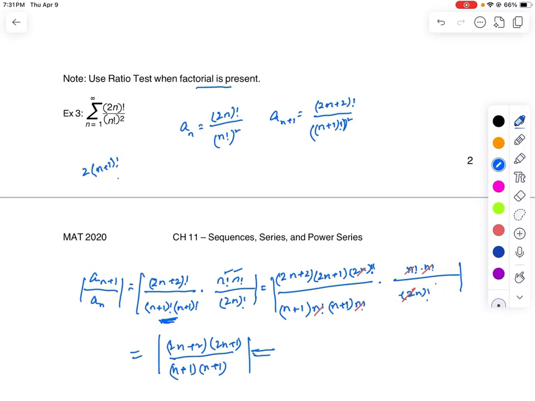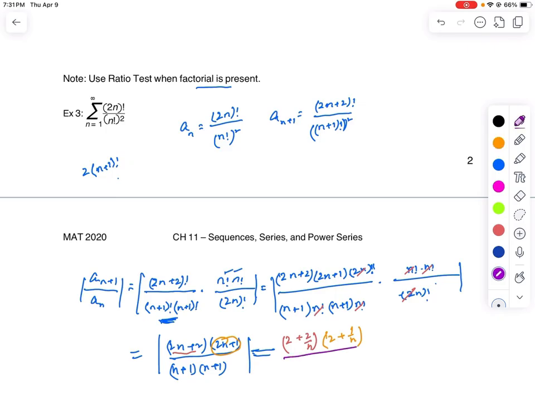Well, simplify. We can divide each term by n. When I divide this term by n, I get 2 plus 2 over n. Then I divide the next term by n, I get 2 plus 1 over n.